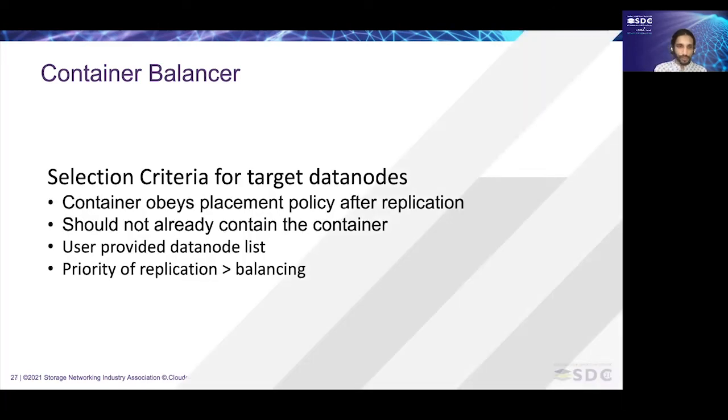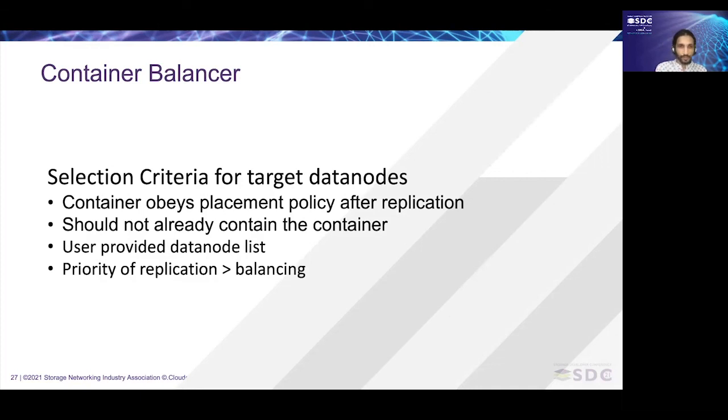There is also selection criteria for target data nodes for the containers. It is important for a container to obey placement policy after replication. What that means is the new set of data nodes where that container would be present after container move should obey the placement policy. This placement policy can be something like all the data nodes should be in separate racks, right? So balancer needs to identify the target data nodes accordingly.